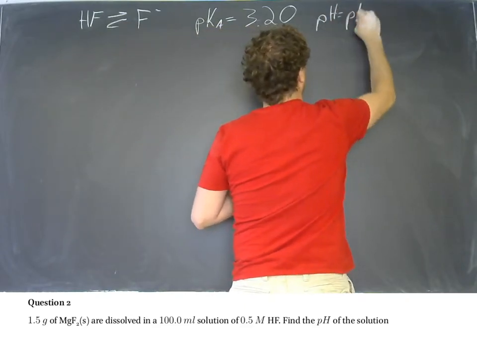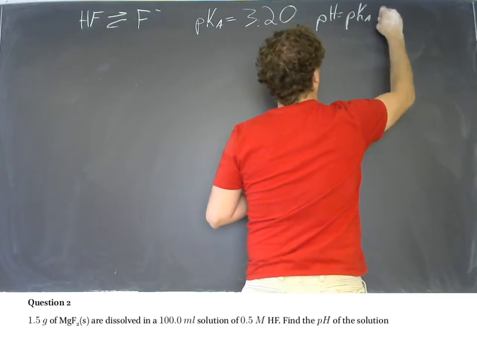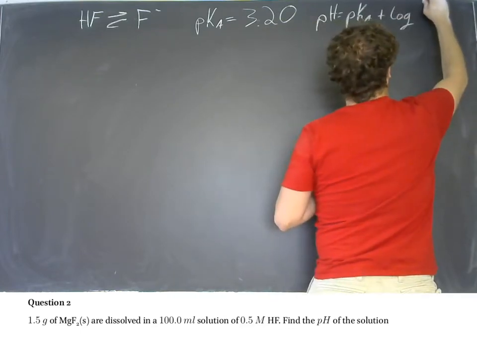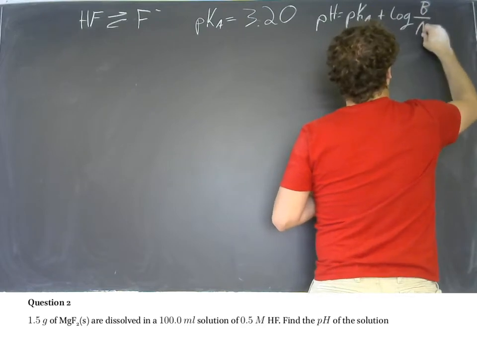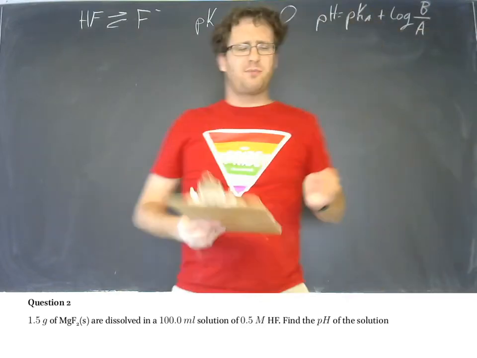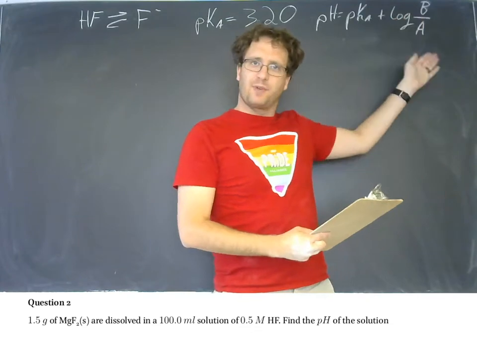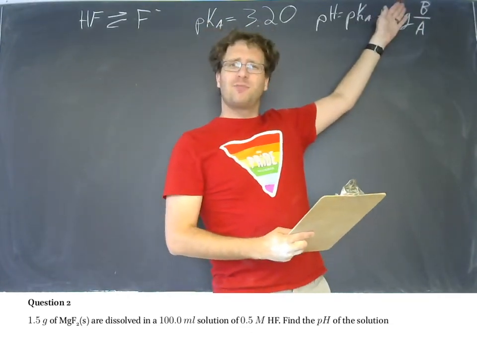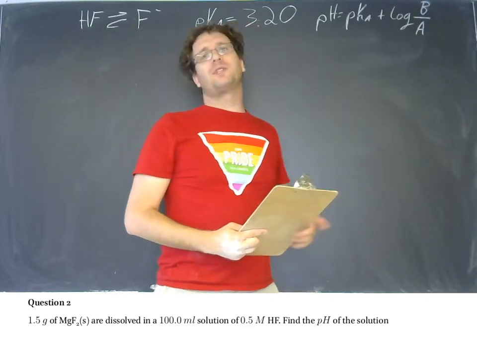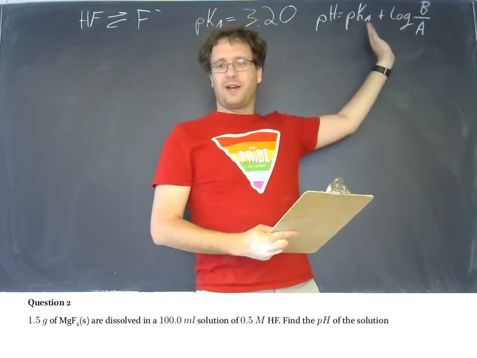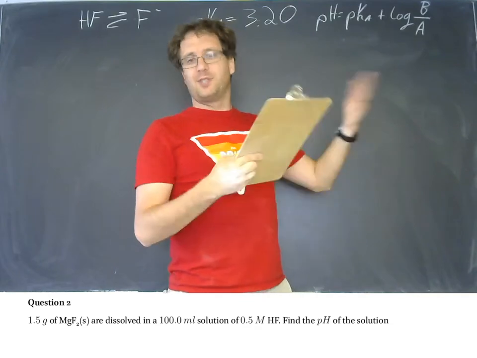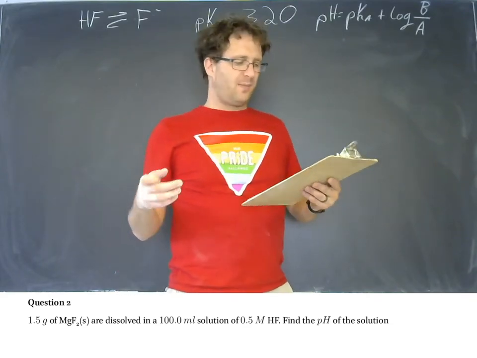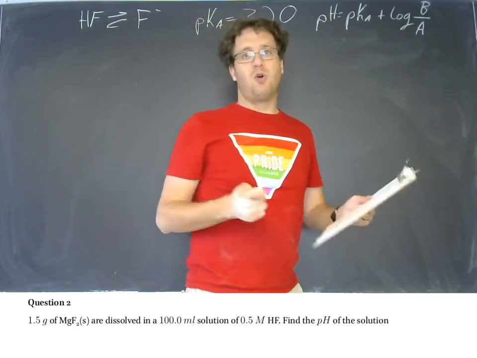pH is equal to pKa plus the log of, and I'm just going to put base over acid. And this could be the concentration of the base over the concentration of the acid, or it could be the number of moles of base over the number of moles of acid. So I actually kind of like to write it in this form because I think it's versatile. And either of those would work. In this case, it makes perhaps the most sense to do number of moles.